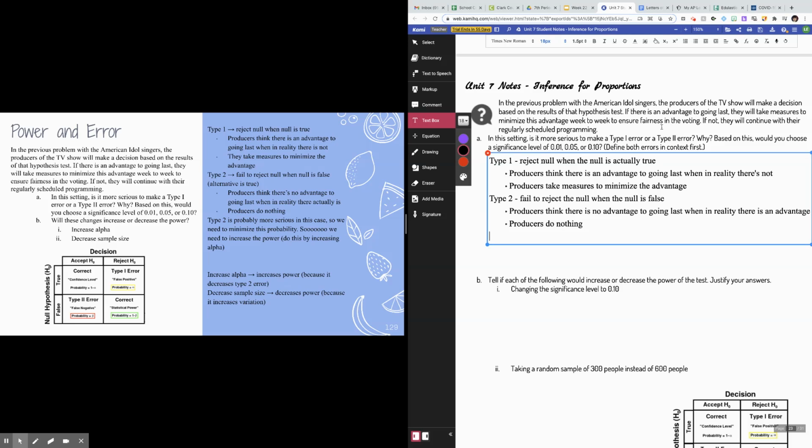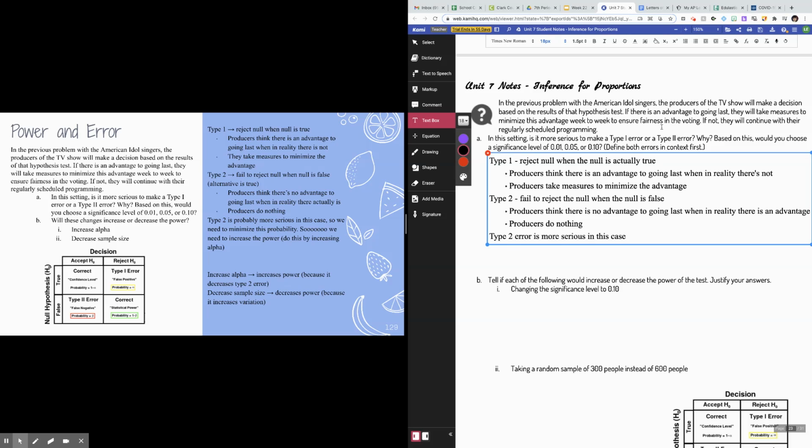If you take steps to minimize an advantage that's not there, that's not as big of an issue, right? So because type 2 is more serious, I'm going to go with my gut that says the type 2 error is more serious in this case.